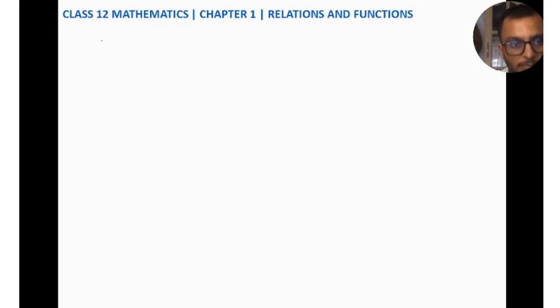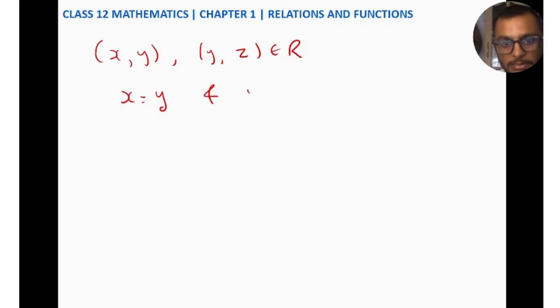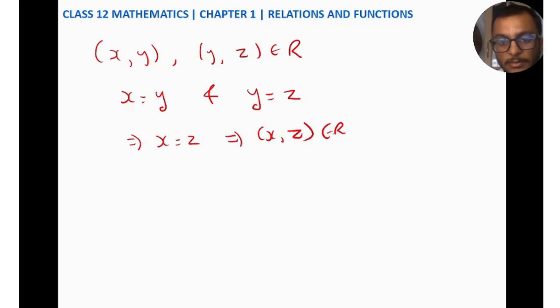So why is it transitive? Suppose (x, y) and (y, z) are in R. What does this mean? That x is equal to y and y is equal to z. Does this imply that x is equal to z? Right, because x is equal to y and y is equal to z, it will imply x equals z, and this will give (x, z) is in R. So R is transitive.